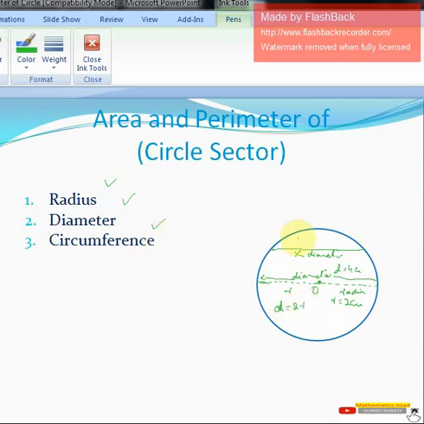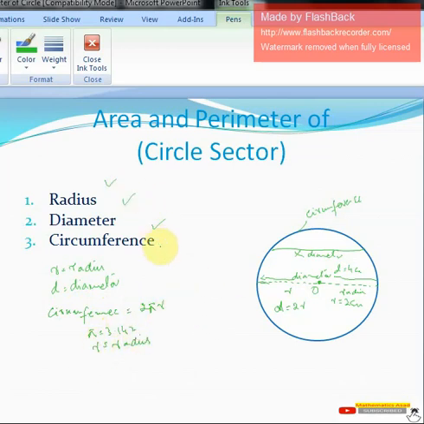What is circumference? Circumference is the length of the circle. This is circumference. If R is radius, D is diameter, and S is circumference, then circumference is equal to 2 pi R. Pi is equal to 3.142 and R is equal to radius.